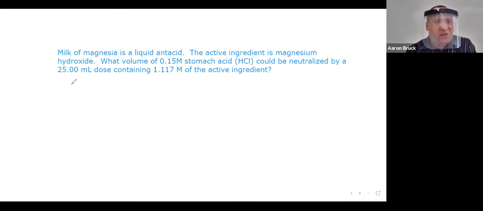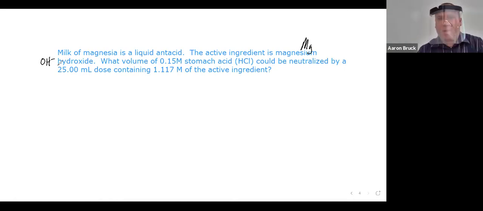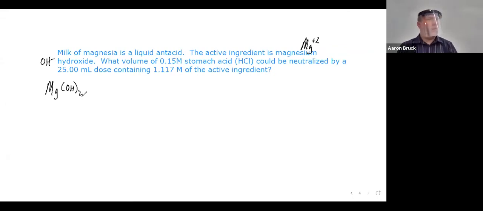The active ingredient here is magnesium hydroxide. Now, if we go to the periodic table, magnesium's Mg, hydroxide we should know already is OH minus. Magnesium is an alkaline earth metal, it's in group 2, so it's got a +2 charge, which means that the chemical formula for magnesium hydroxide is going to be Mg(OH)2.